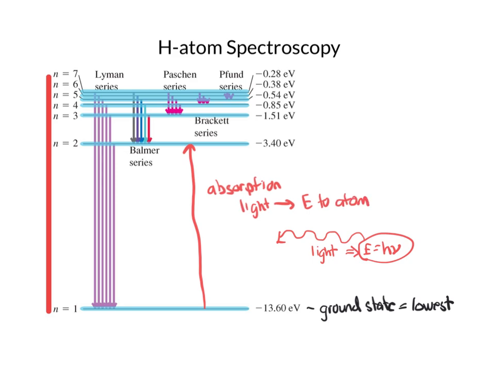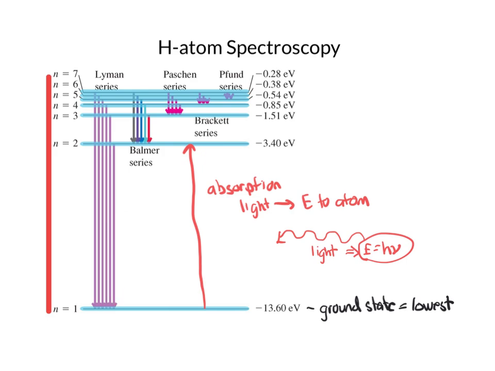If we look at these arrows that are coming down, we're depicting an electron in the hydrogen atom at a higher energy level, starting in this energy level, and then dropping down to this lowest energy level. But energy has to be conserved, and so if the atom loses this much energy, it has to go someplace.